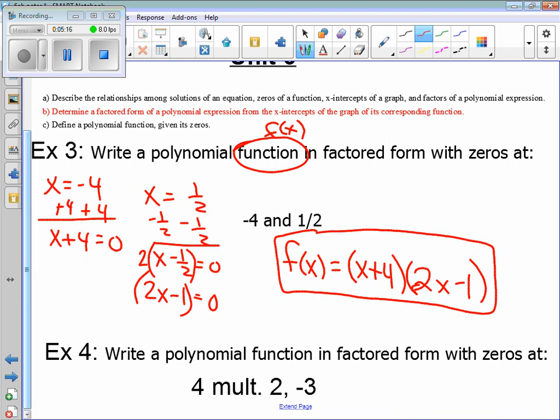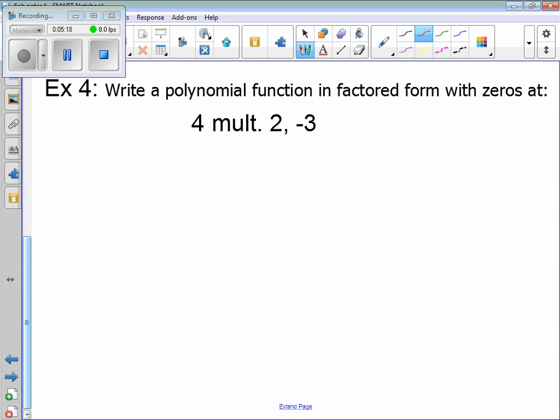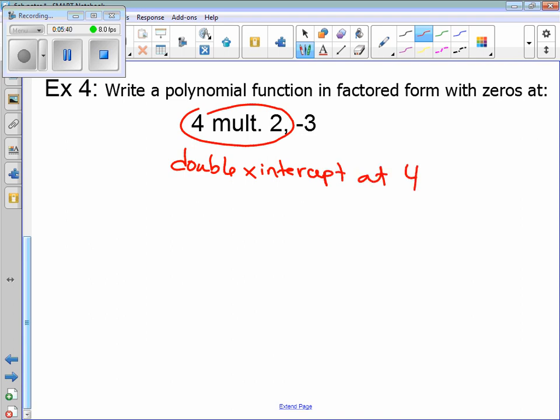Okay, last example. We're going to do the exact same thing, write a polynomial function in factored form. We have 4 multiplicity 2. This means it's a double x-intercept at 4. So this is like having 4, 4, and -3 for your x-intercepts.